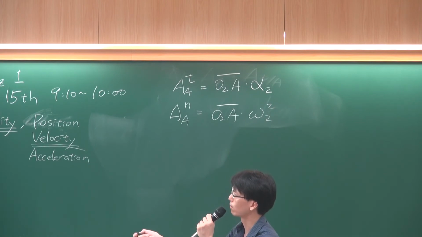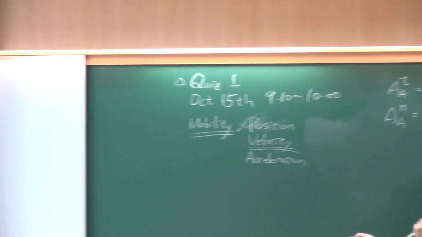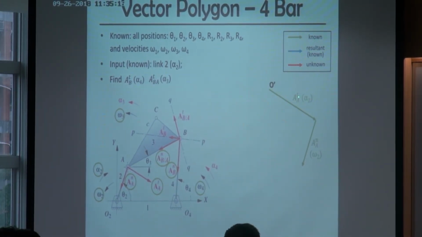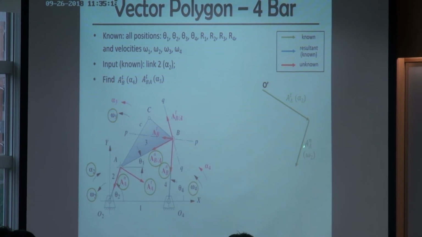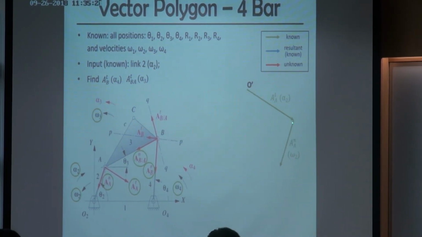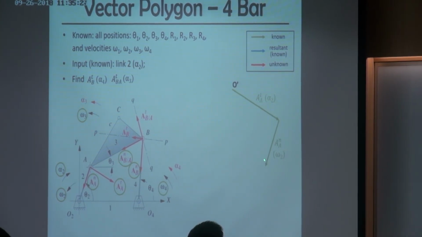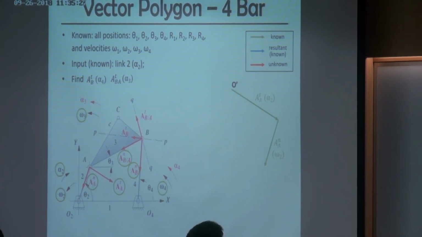So in this diagram, I can just draw this AA relative to the origin. I just connect these two together. This one is the tangent component, and this one is the normal component. So the summation of these two is going to be the total acceleration of point A. Any questions for this one?